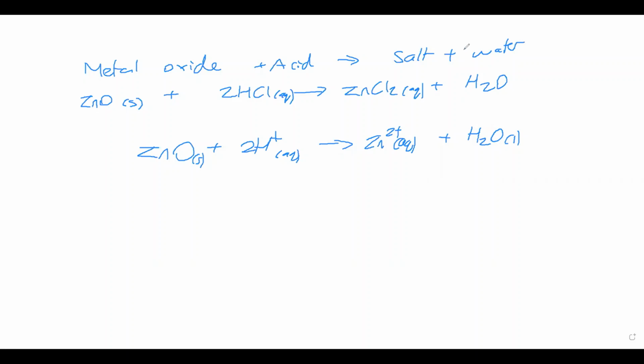So the last reaction that we need to see for these metals is a metal carbonate, and we can have a metal carbonate react with an acid to again form a salt, form water, and form carbon dioxide.